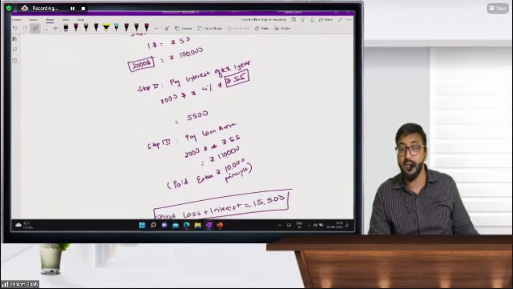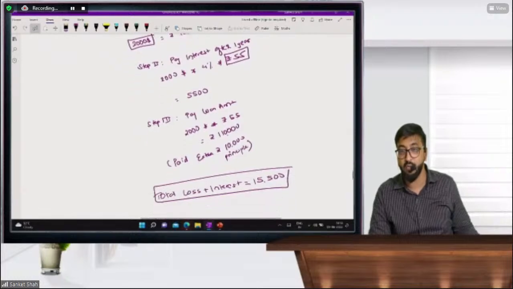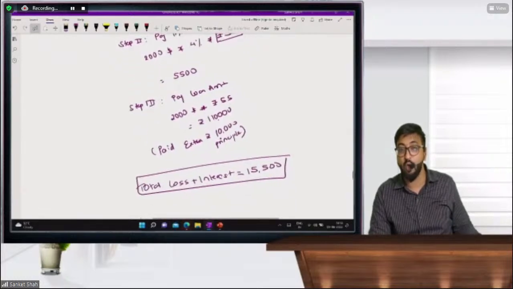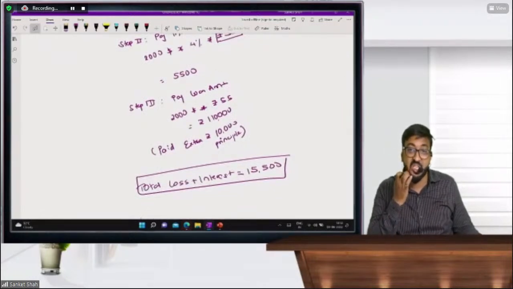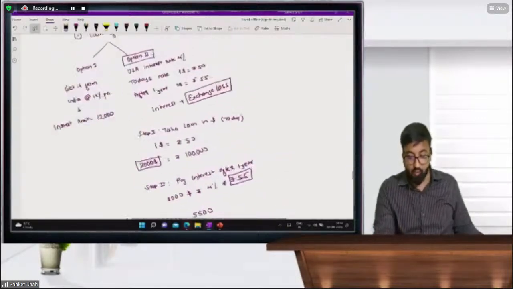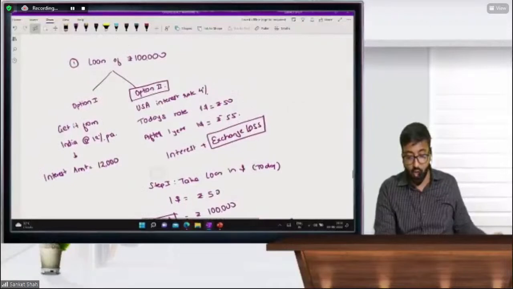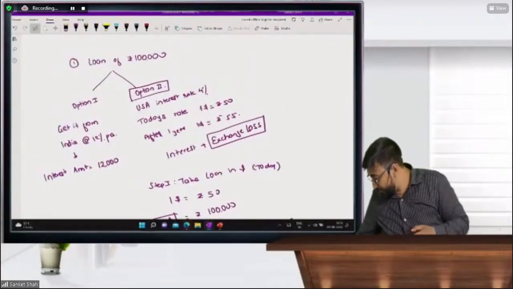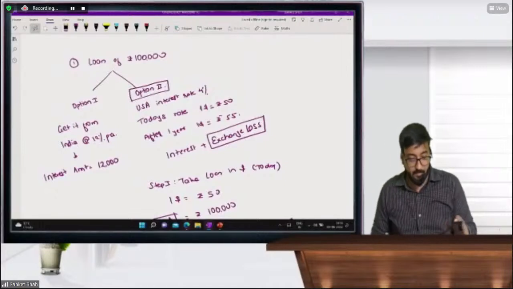But you are paying it after 1 year, so you have to arrange rupees 55 per dollar. So 5,500. And when you pay the principal back, you have to pay $2,000 at rupees 55, but you got it at 50 rupees. So your exchange loss is rupees 10,000. Now tell me, are you getting this answer or not? Yes. Exchange difference.